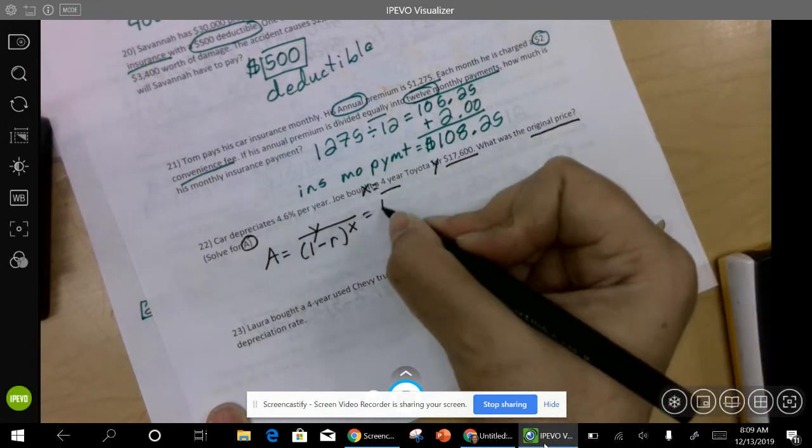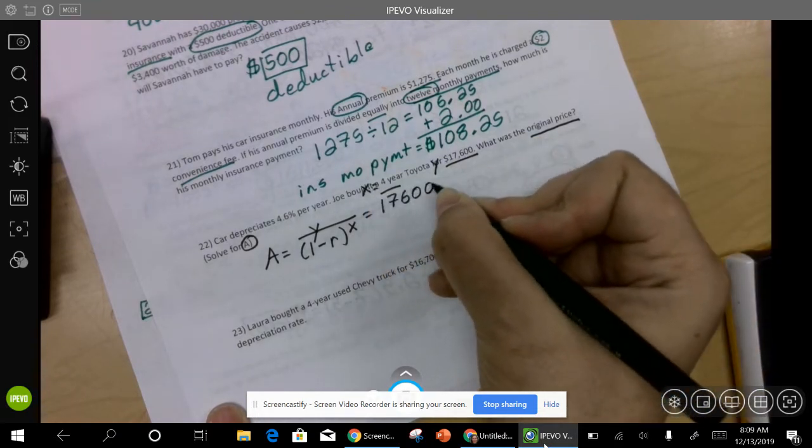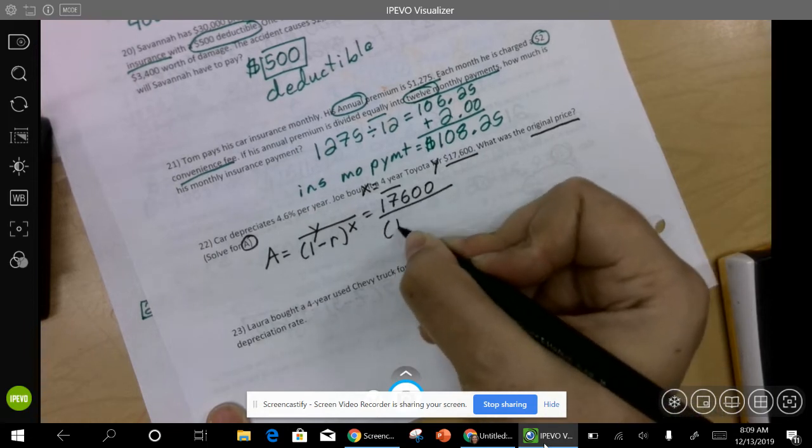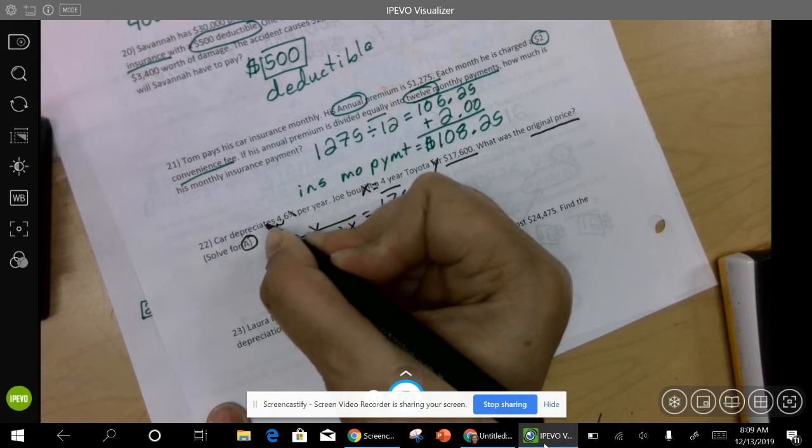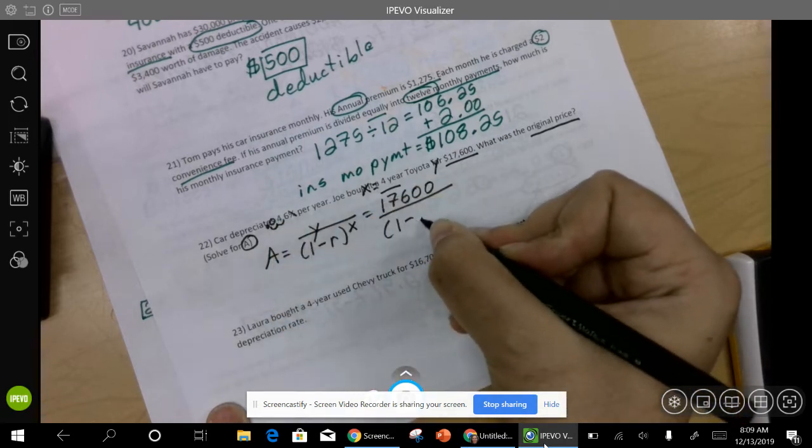Okay, so 17,600 divided by 1 minus the rate as a decimal. Drop the percent sign, go to the left, add the decimal and the 0.